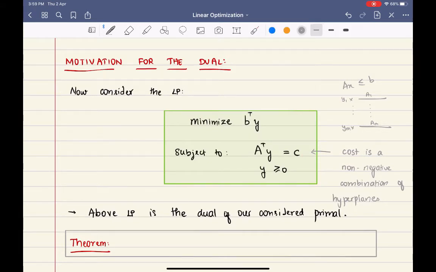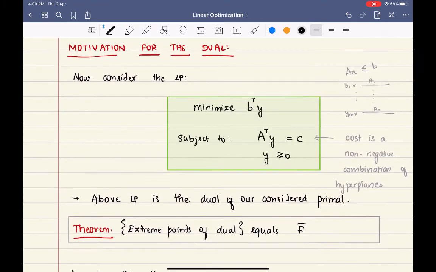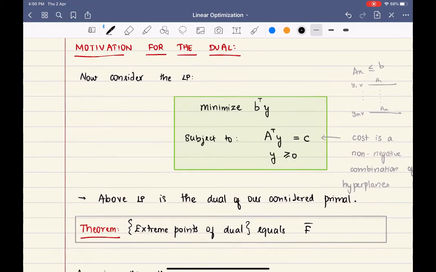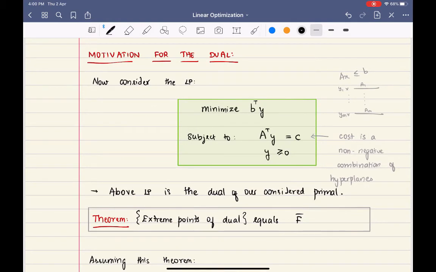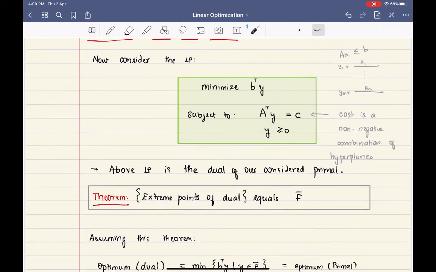Okay, so here comes the main theorem. Extreme points of dual, the set of extreme points of dual equals f bar. Okay, so this is the main observation, and now we want to prove this, but before that, what do we get out of this theorem?